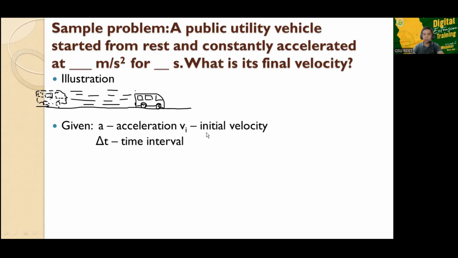And looking at the question, it seems like the problem is asking for the final velocity represented by V sub F. Okay, so by doing so, we allow them to identify the given first, the concept involved, the variables involved.